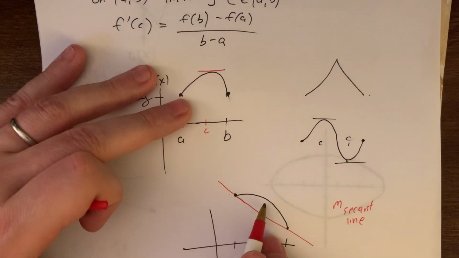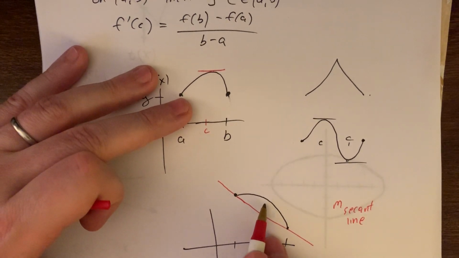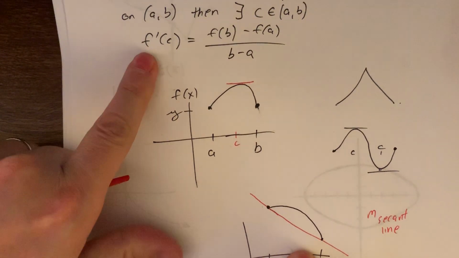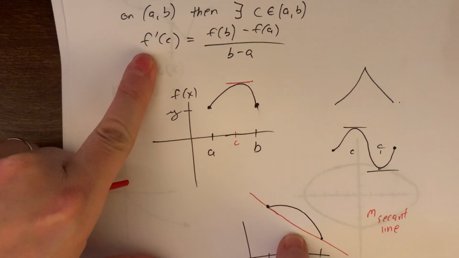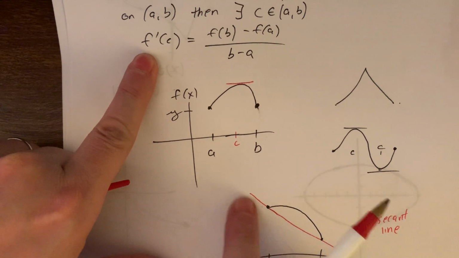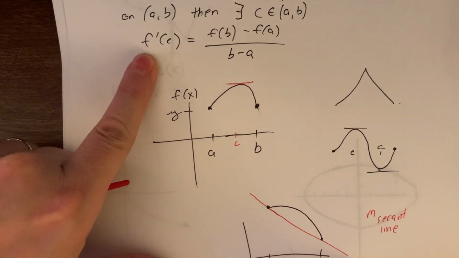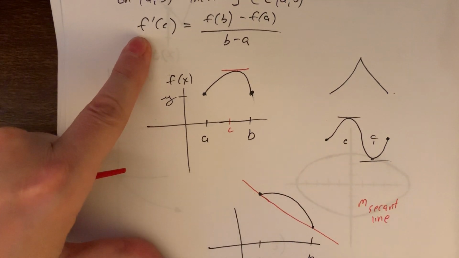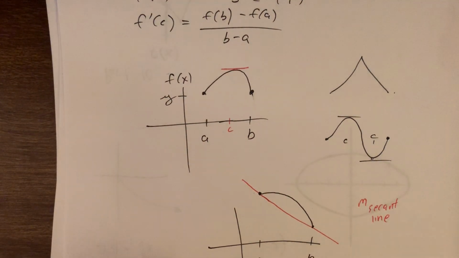So all we have to realize now is that this is saying we're going to find a C that has the same slope as this secant line. We're going to find a tangent line somewhere between A and B, and that tangent line is going to have the same slope as this line. Therefore, that tangent line will be parallel to this secant line. Can you roughly see where that C value is?